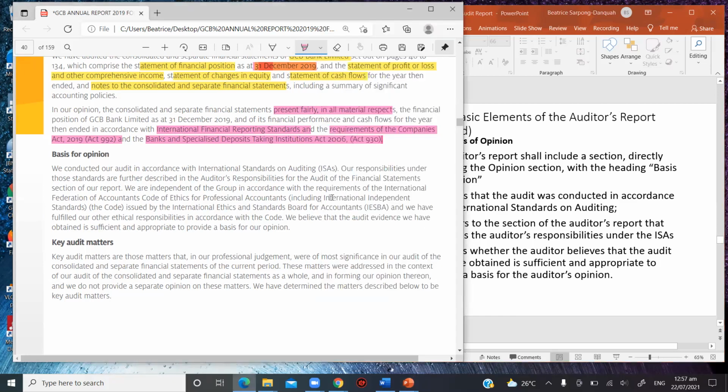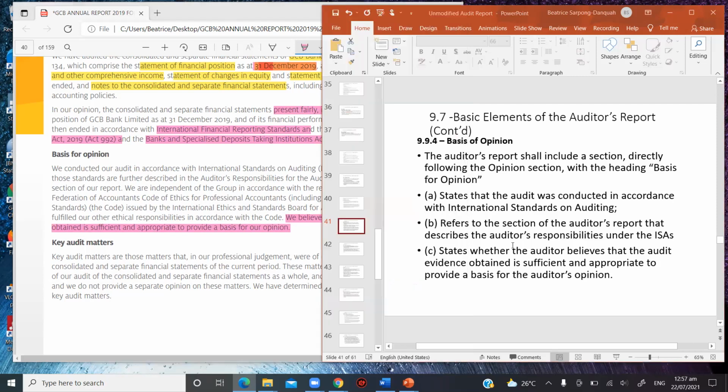So the auditor will state clearly this information. So I'm looking for that one. So you see, we believe that the audit evidence we have obtained is sufficient and appropriate to provide a basis for our opinion.